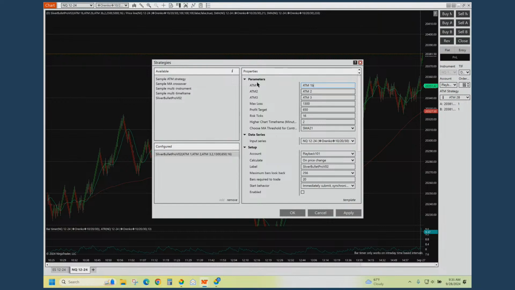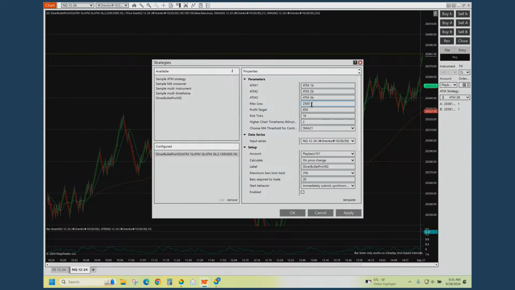These are different ATM strategies, automated trade management settings, which basically tell how many contracts to use for trading. Each setting has its own maximum loss and target for profit, so you can set the loss parameters for the session.